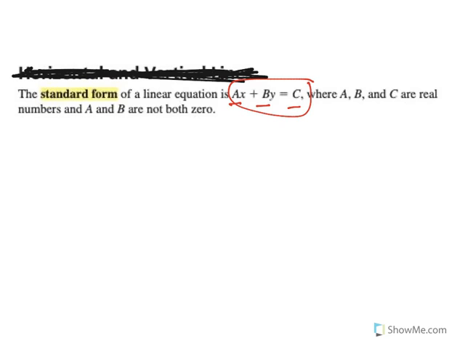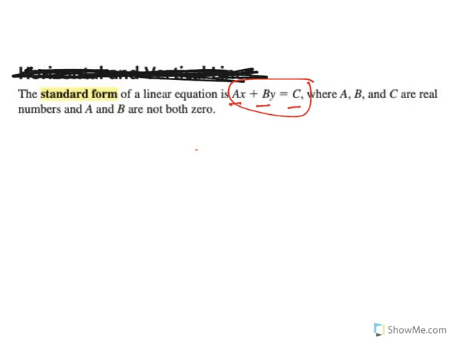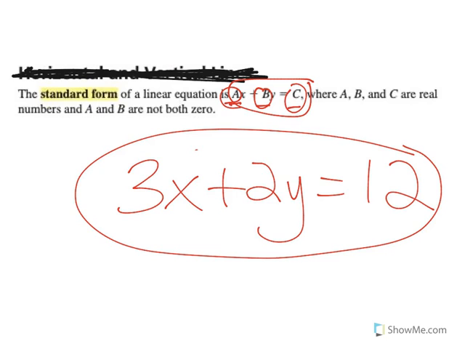You could have AX equals C or BY equals C, which we'll talk about here in a minute. But basically, standard form looks something like this, so that the A, the B, and the C are numbers. They could be fractions, they could be negative, but this is what we call the standard form.